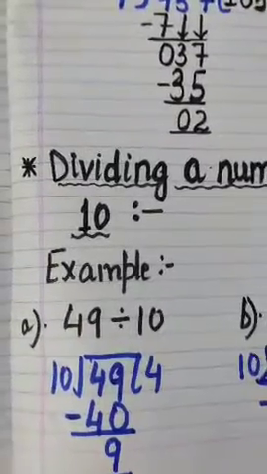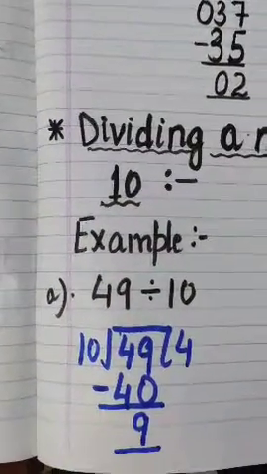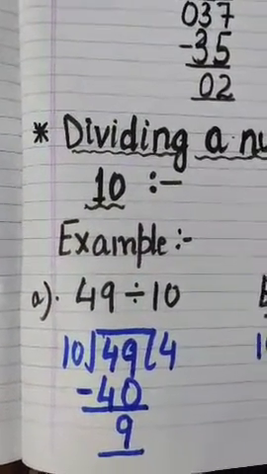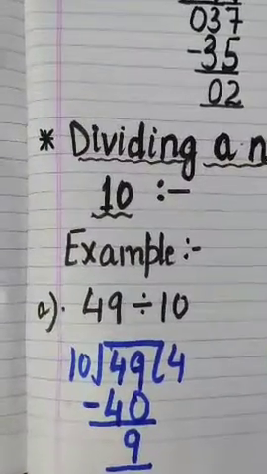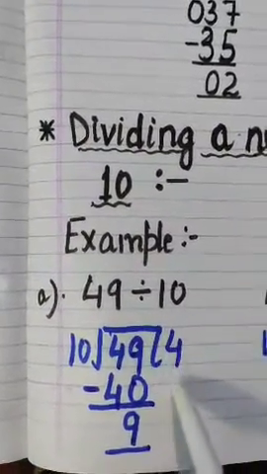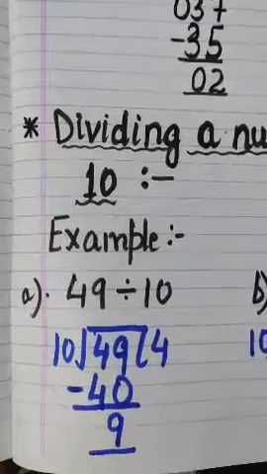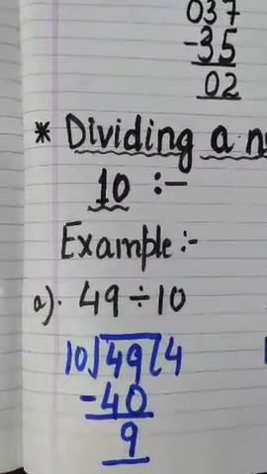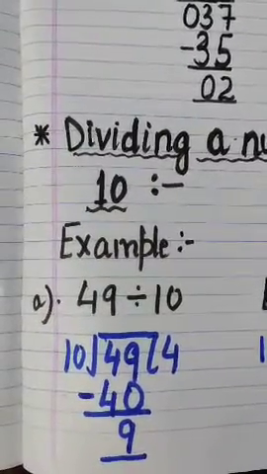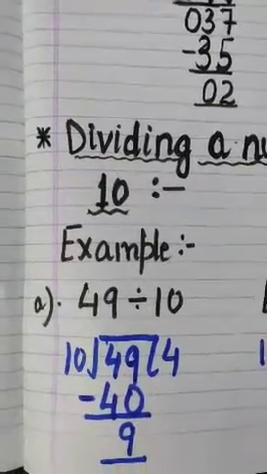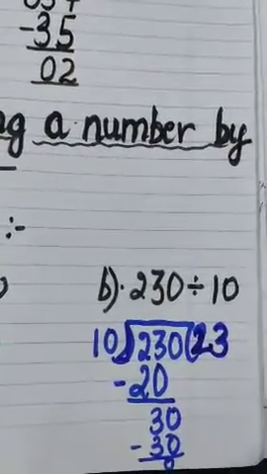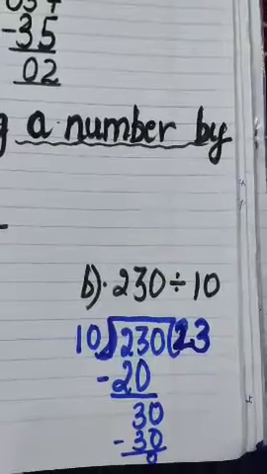Talking about first example, we had 49 which was to be divided by 10. So here, as I told you, 4, that means the tens digit became the quotient and ones digit, that is 9, became the remainder. Now talking about example B, here also we'll have the same thing.